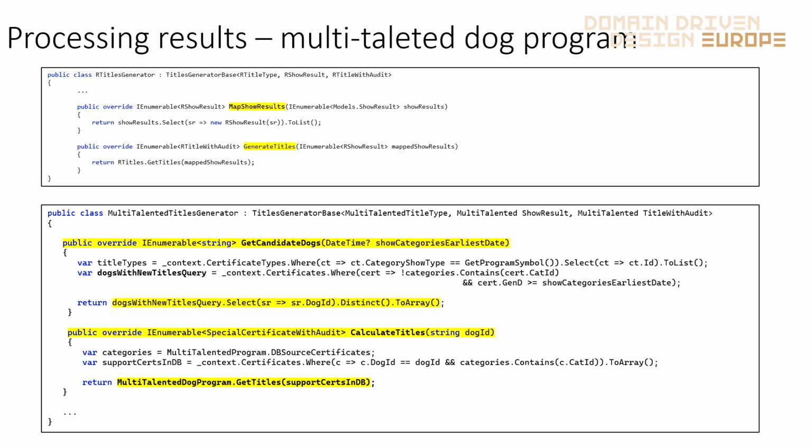And then they would be overridden in the multi-talented titles generator, right? So again, pretty simple. The old implementations wouldn't change at all. But in multi-talented doc programs, we would get candidate docs based on titles, not show results. And also when we calculated titles, we would pass in the input certificate titles instead of show results.